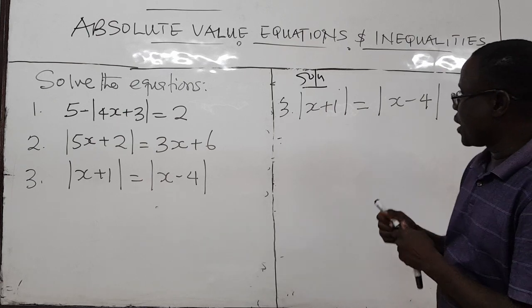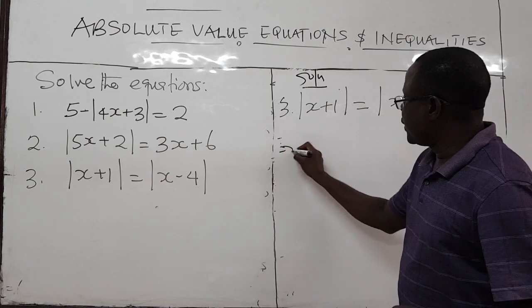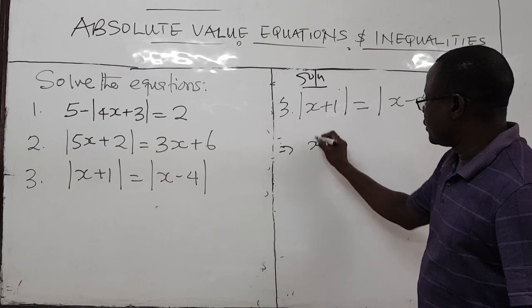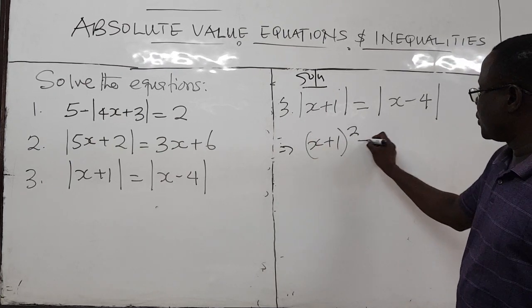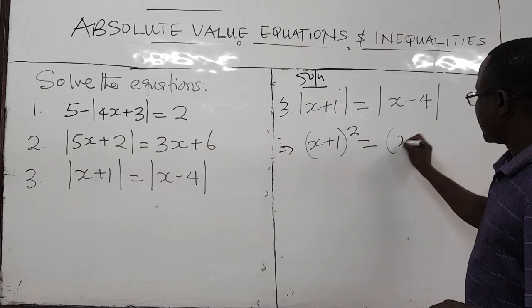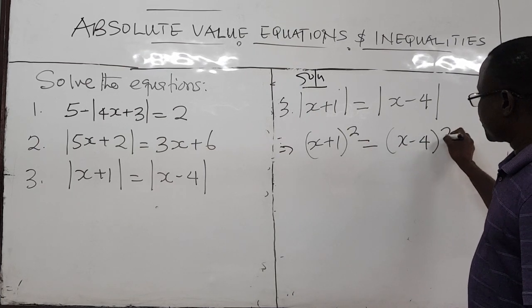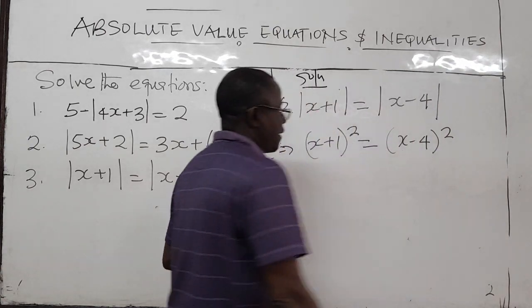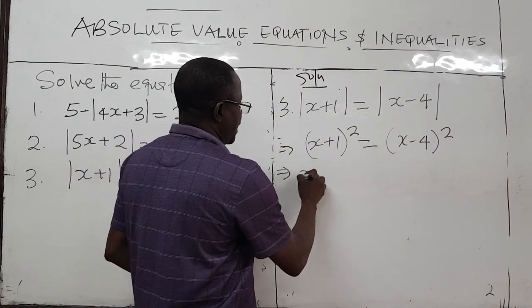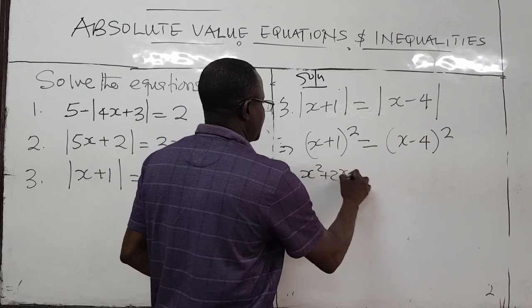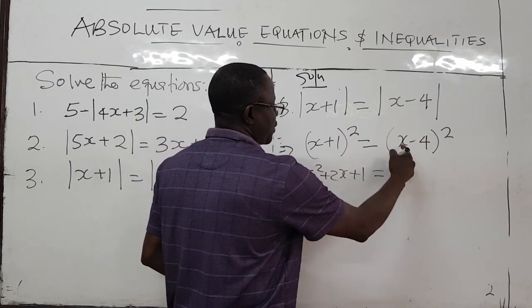So when you square both sides, you're going to get x plus 1 squared equals x minus 4 squared. Again, when you square these, the absolute value symbols go. Then we expand. This will give us x squared plus 2x plus 1 equals x squared minus 8x plus 16. We know how to solve quadratics.